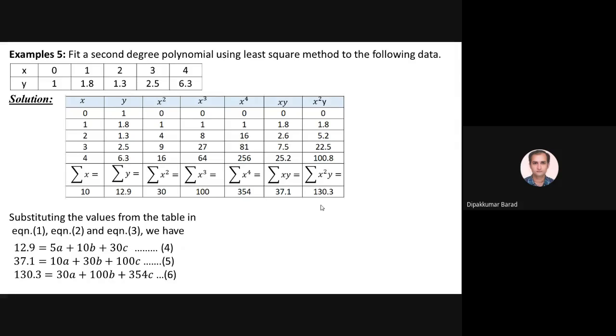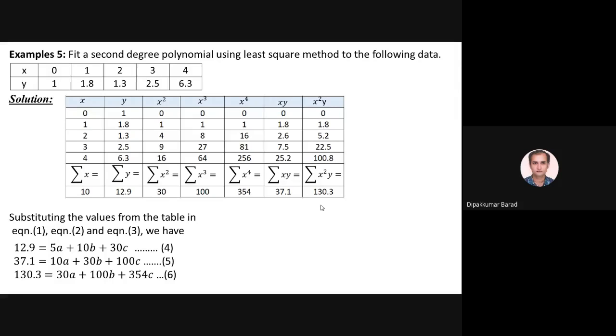Now we get three linear equations in three variables a, b, and c, which you can solve by Gauss elimination method, Gauss-Jordan method, or by finding the inverse of the matrix, x equal to A inverse B. You can apply any of the three methods, and you know how to apply Gauss elimination and Gauss-Jordan, so we are not going to discuss it.